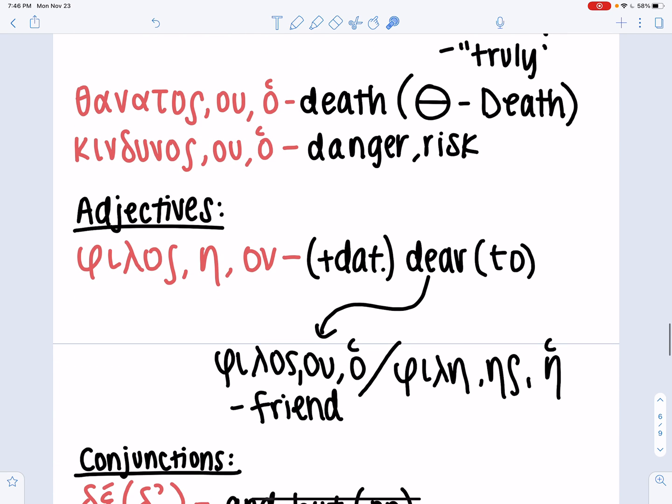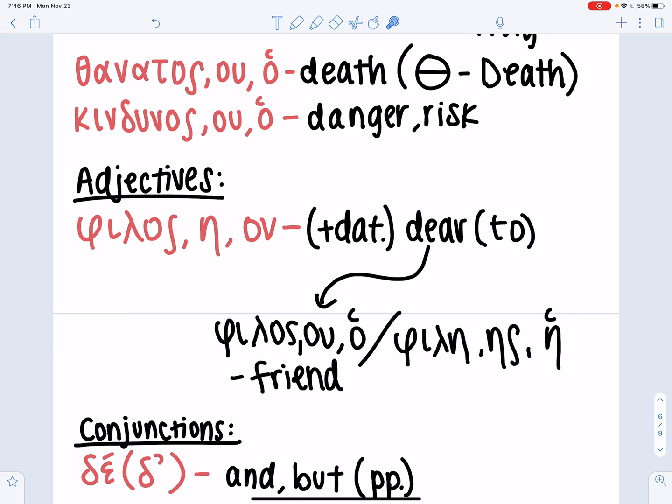And then just one adjective to learn this week is philos, and it takes a dative and means dear to. So it can be something dear to someone, sort of like carus in Latin. And if you use it substantively, which technically is what's happening here, it can mean friend.